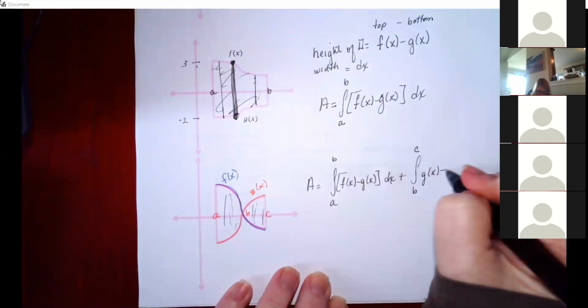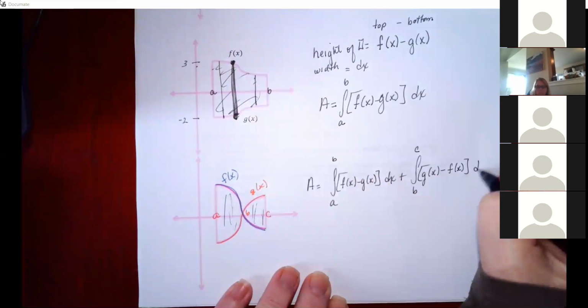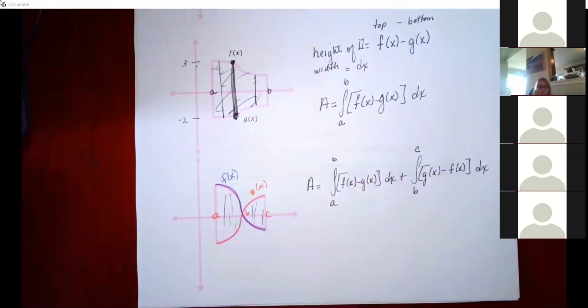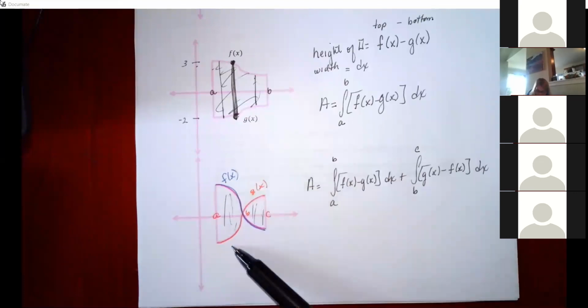What just happened there, though, was the top graph and the bottom graph switched places because they crossed. So it's going to be very important on these functions to actually draw yourself a picture of the functions. It doesn't have to be perfect, but it has to be good enough that you know which graph is on top versus which graph is on bottom.